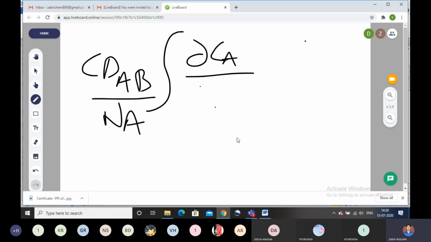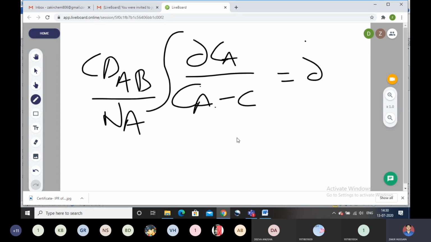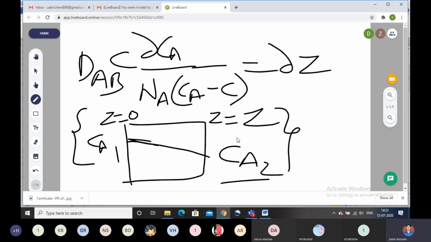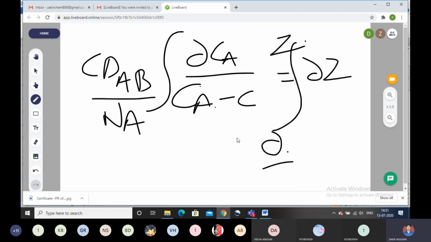Next, Na Ca minus C, and the left out term on the RHS side is dou Z. Now we need to fix the limits. Initially the Z direction is at the origin, and finally it goes up to the Z value. From the initial boundary condition, when Z is equal to 0, our concentration is Ca1. So that limit we have to substitute in the LHS side as Ca1.